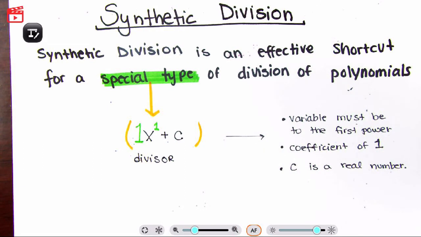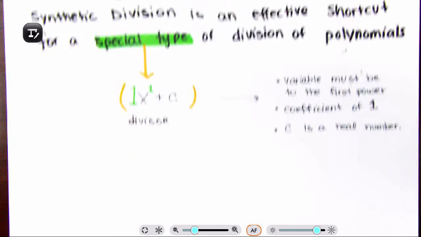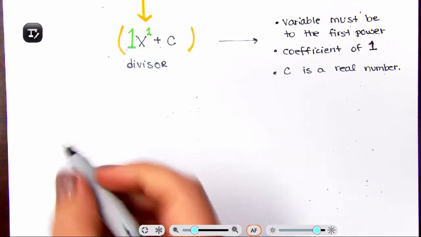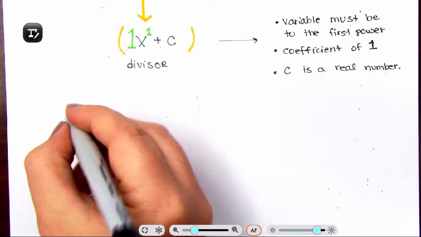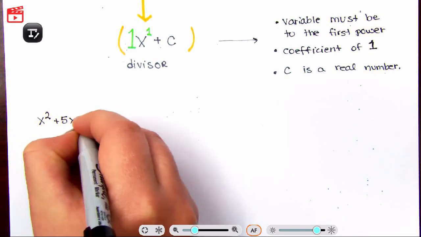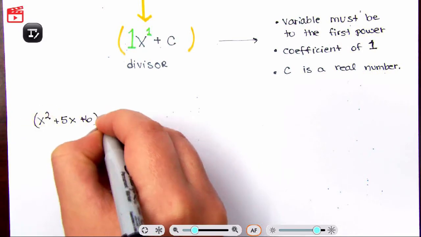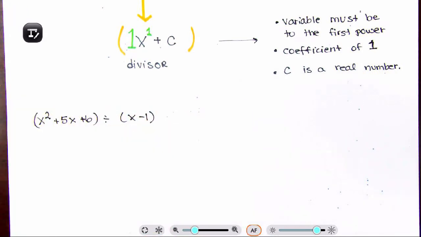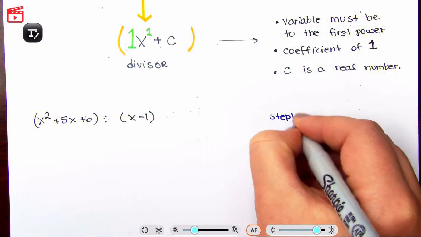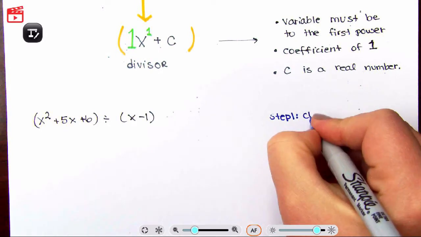Now, synthetic division is an effective shortcut in that it is a shortcut. You don't have so many steps. So let's go ahead and do an example, and I'm going to write the steps on the right-hand side. For example number 1, let's do x squared plus 5x plus 6 divided by x minus 1. As always, step number 1, check the requirements.